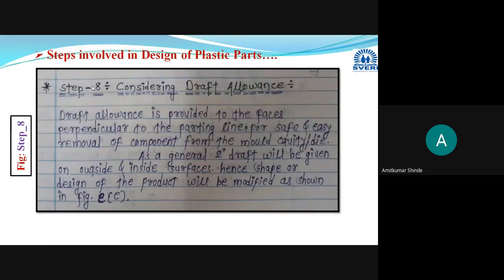Now step 8 and 9 are very simple. Just you have to consider the draft allowance and shrinkage allowance. In step 8 you have to consider the draft allowance.